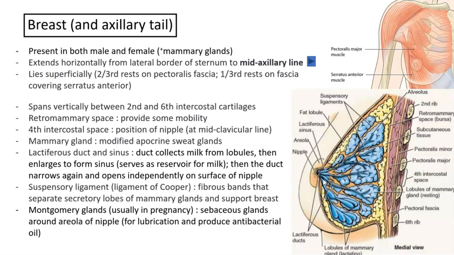Okay, what else? Suspensory ligament. Suspensory ligament is here. It separates the lobules of the mammary gland and also acts as a support structure for the breast. And Montgomery gland, usually in pregnant lady, is around the areola.